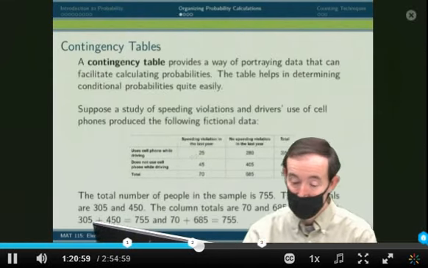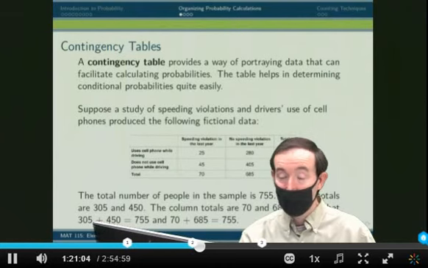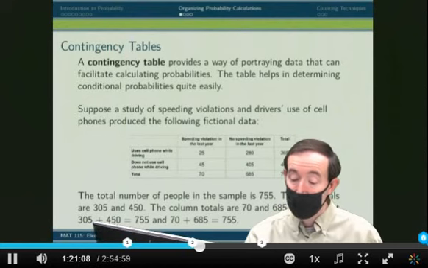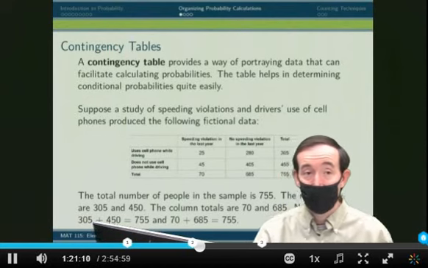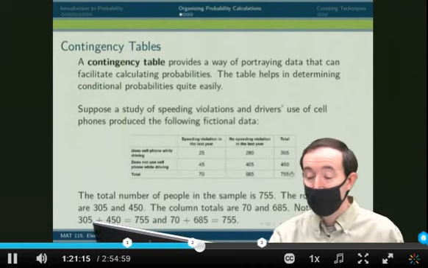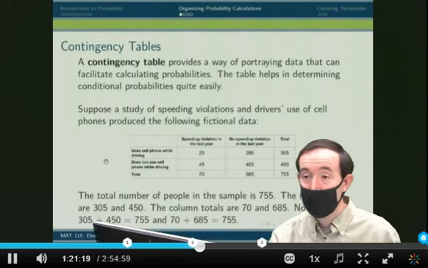Some of them got a speeding violation. Some of them did not. In total, 305 did use their cell phone while driving. And that's out of 755 in the set. So 305 out of 755 is the probability that a person uses their cell phone while driving.